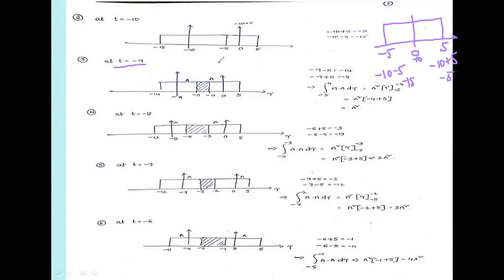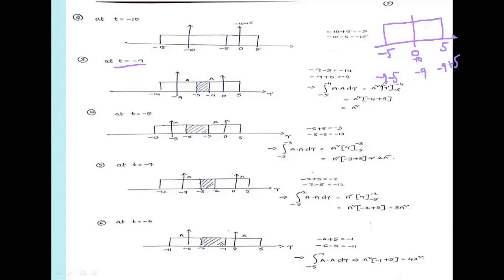Now you can take t equal to minus 9 for this same function. Now it becomes minus 9 minus 5, and minus 9 plus 5.